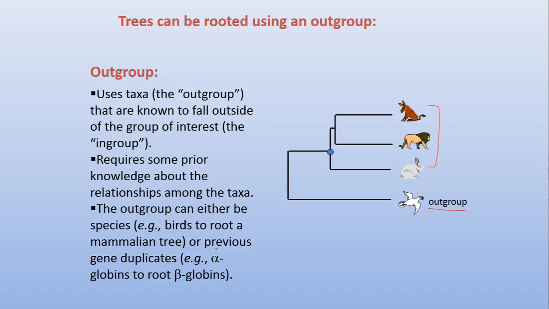Or, say for example, you can use some previous gene duplicate as an outgroup, right?